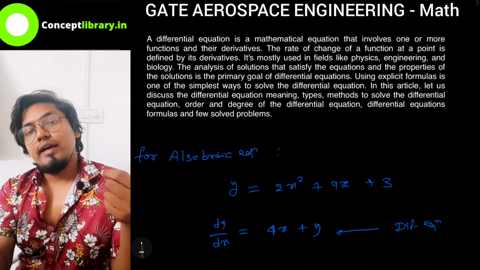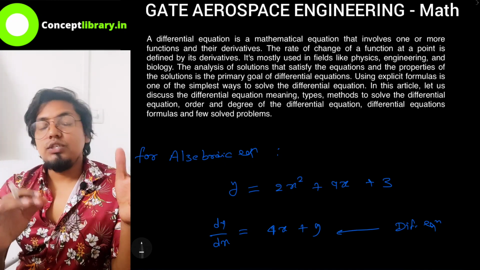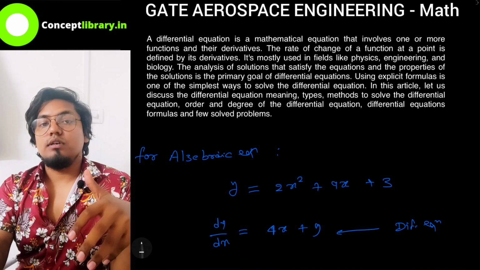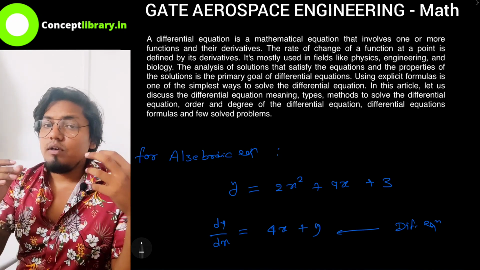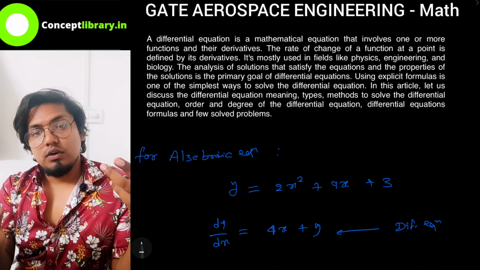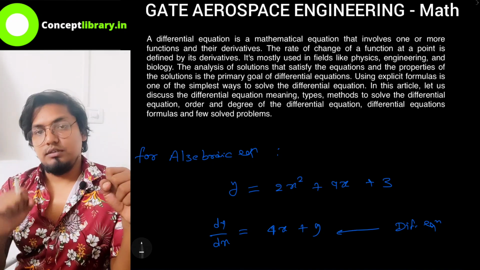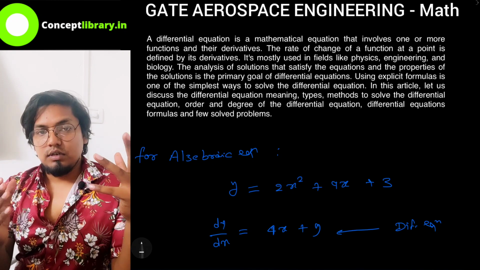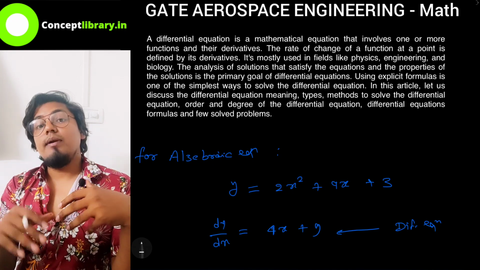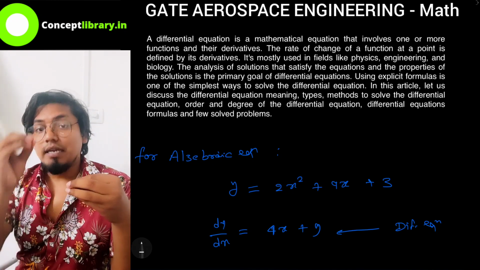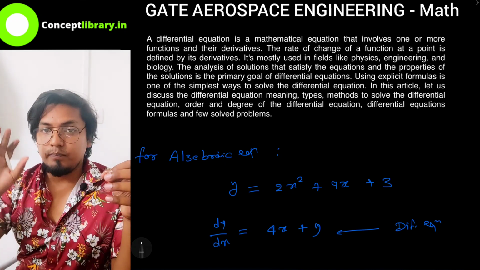Y is equal to log x, logarithmic equation. Y is equal to e power x, exponential equation. In that way, we have differential equation. What is differential equation? In that equation, derivatives will appear. Derivatives means dy by dx, d2y by dx square, or dy by dx whole square, right?